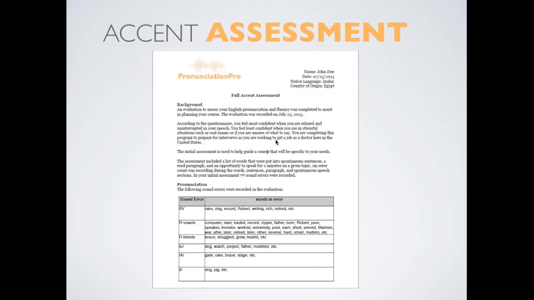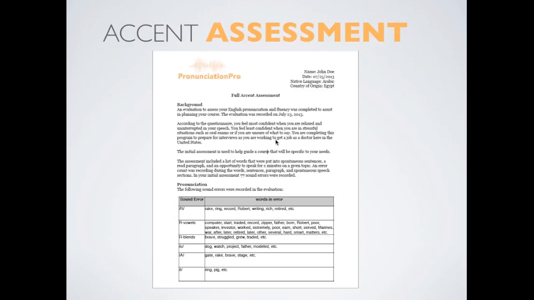Okay, another question, and this is jumping into more of the specific Pronunciation Pro course versus just English pronunciation and fluency in general. One thing that we offer at Pronunciation Pro is an accent assessment. You sign up for a membership, and in addition to that membership, you can do an accent assessment.